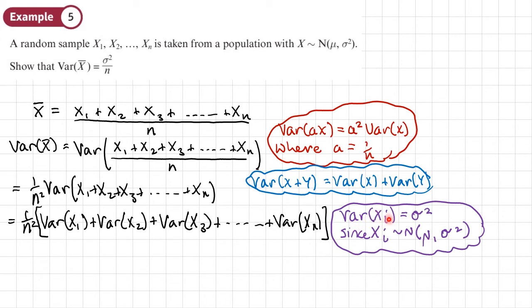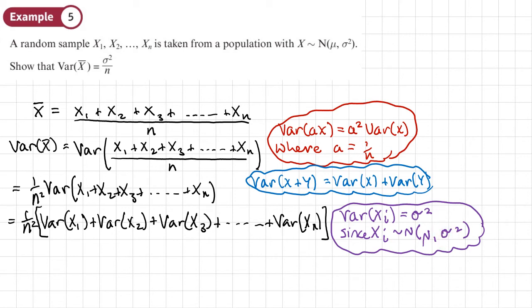Then we can use this rule here to say that the variance of each one of these is going to be equal to the population variance, since they're all distributed that way. Each one of the random variables has a variance of sigma squared.